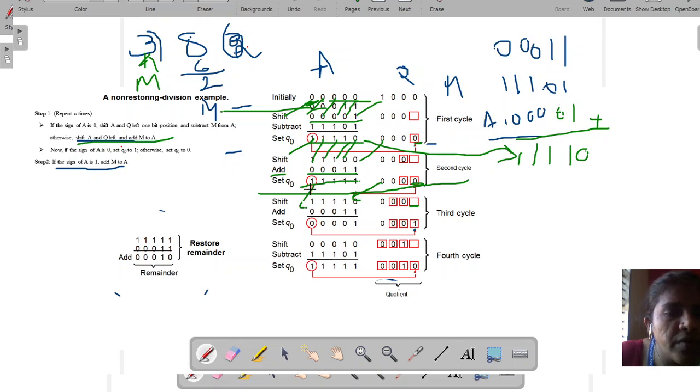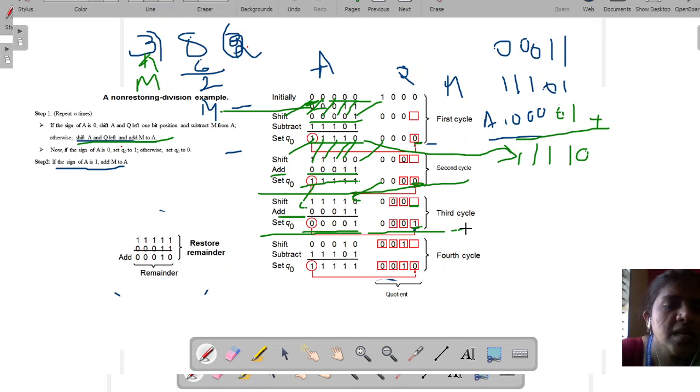Since A is negative you have to add M to A, so M is 3, all of you know. When you add, this is the result you got: 4 zeros and 1. Since it is positive, you fill the vacant position with 1. This finishes cycle 3.